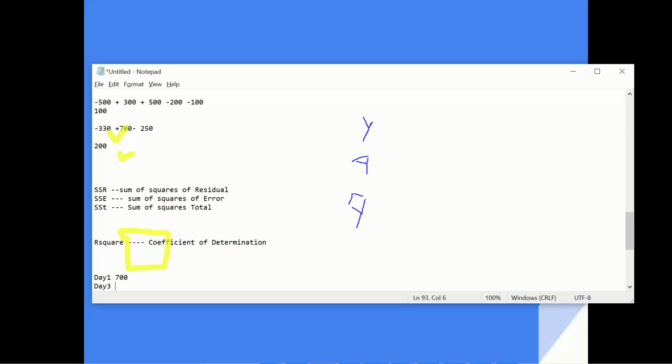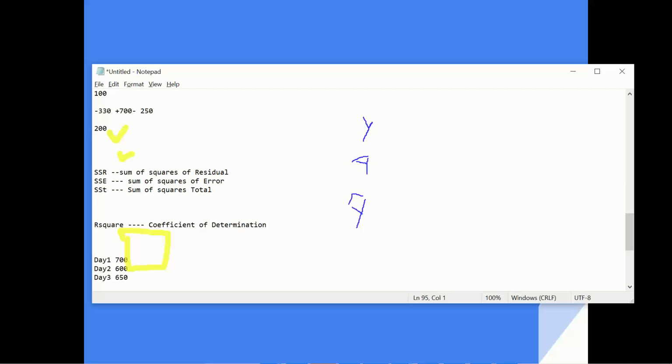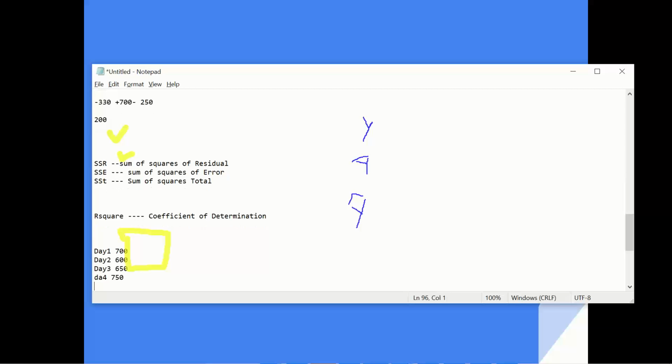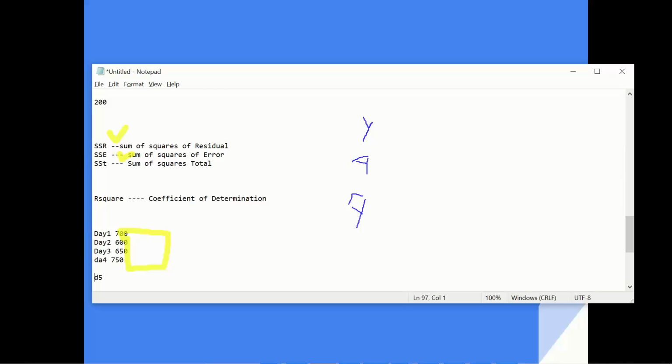On day 2, a sale of 600. On day 3, again a sale of 650. On day 4, a sale of 750. And day 5, a sale of, say, 720.